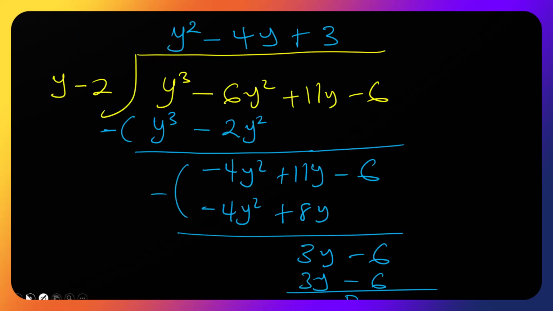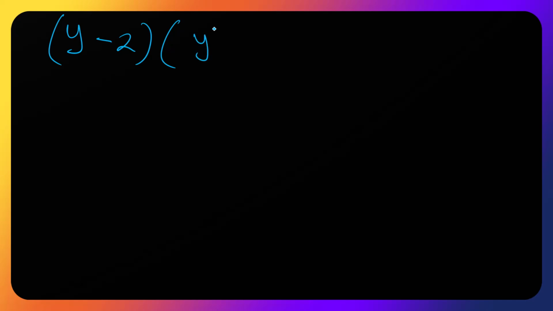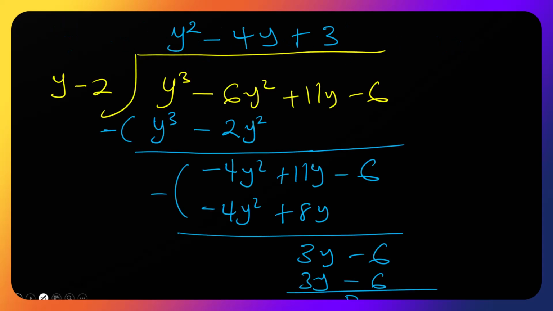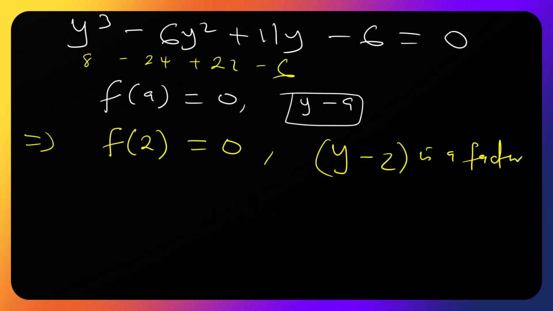Alright, so we can say y minus 2 times y squared minus 4y plus 3 equal to 0. Understand that when we expand this, we'll get everything here. That's the meaning.